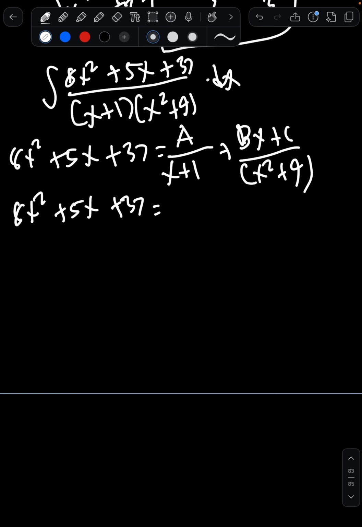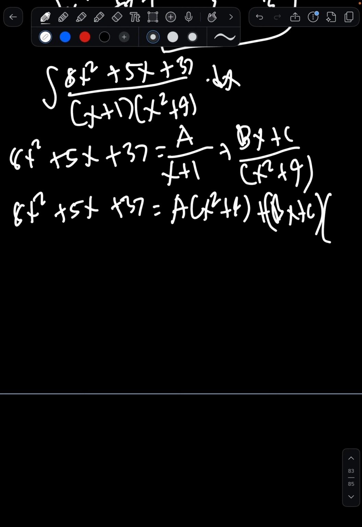And for the A over x plus 1, the x plus 1 will cancel, and you're just left with A times x squared plus 4. Plus, we have this bx plus c term, multiplied by our x plus 1, because the x squared plus 4 cancels.